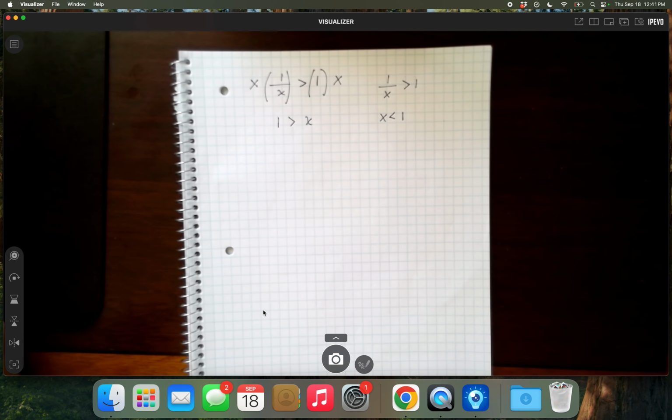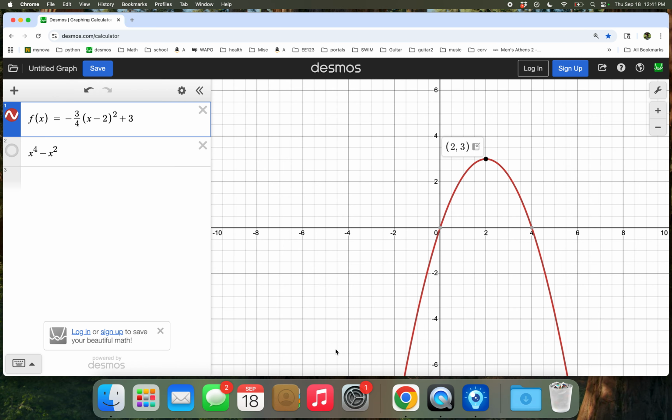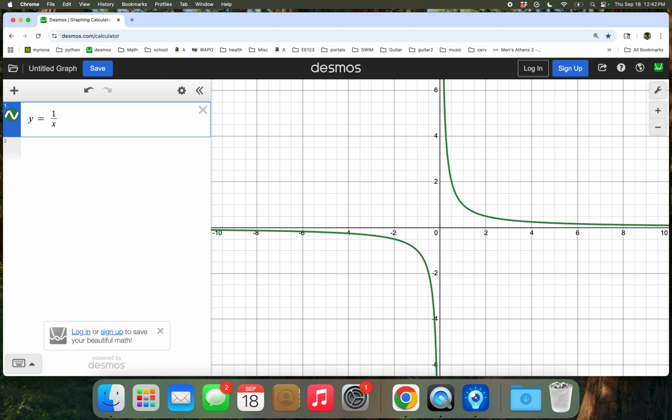But let's go to Desmos and see that this is wrong, and then we'll tell you why it's wrong. Here we are. We want to look at y equal to 1 over x, and I'm going to plot y equal to 1.